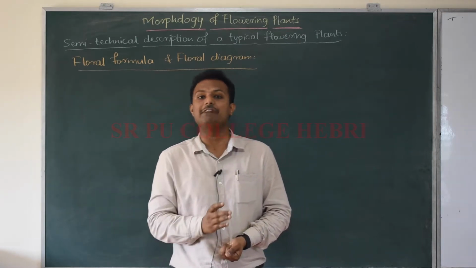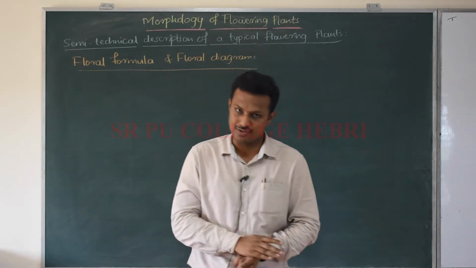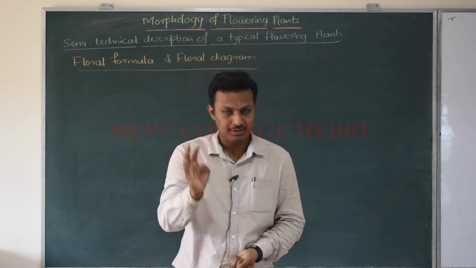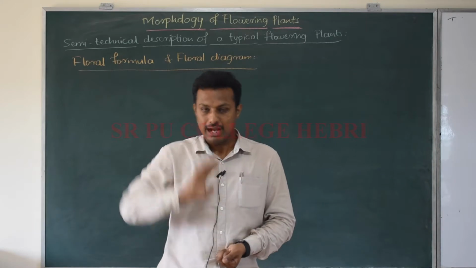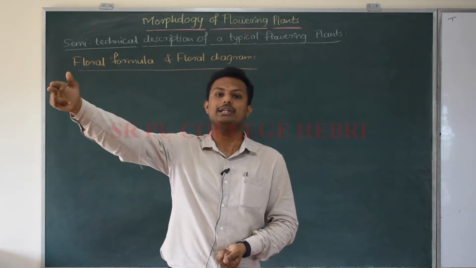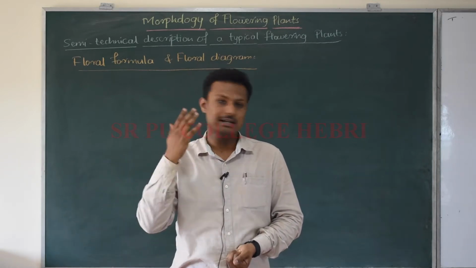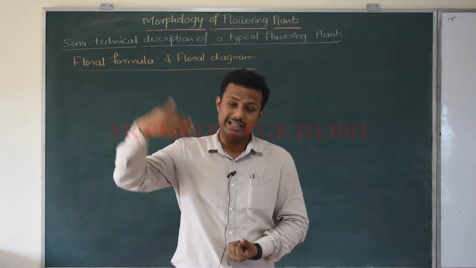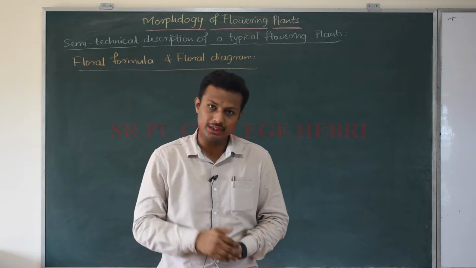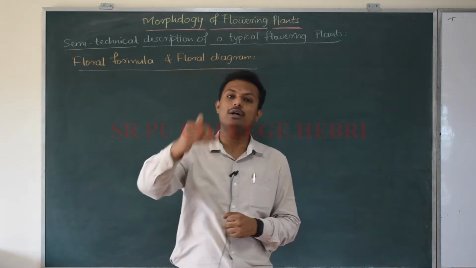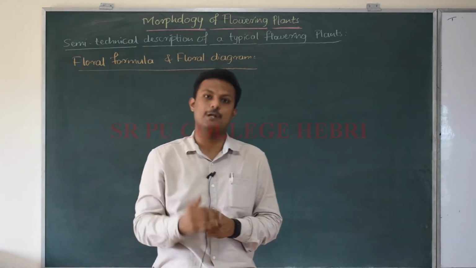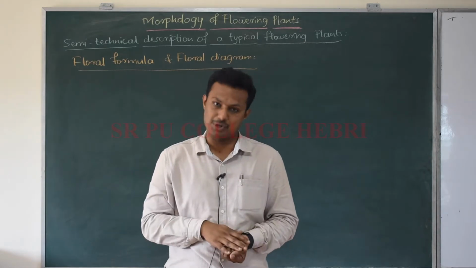So we will start with the vegetative characteristics like root, stem, leaf, and then we go for the generative parts of the plant, that is flower, parts of flower, that is calyx, corolla, androecium, gynoecium, then fruit, then seed. Right? So this is the correct order for describing any particular plant species.